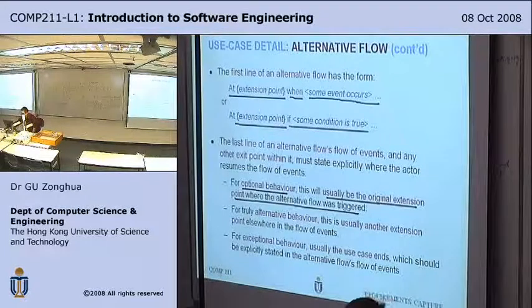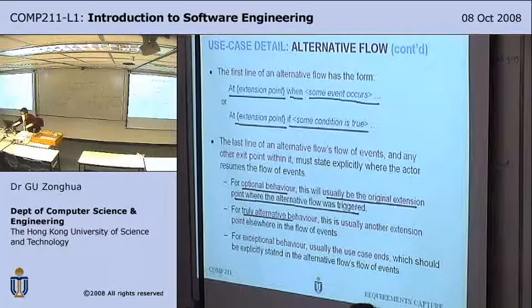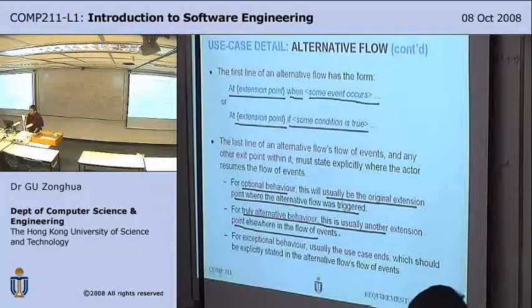This is like a function call where you call a function, you finish the function, you return to where you called the function. For truly alternative behavior, this could be another extension point elsewhere in the flow of events. That is, you may jump to somewhere else instead of the place where you left the basic flow.